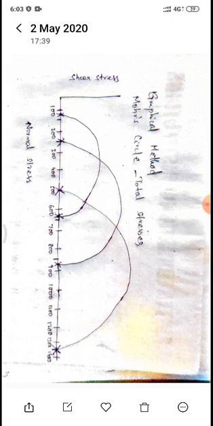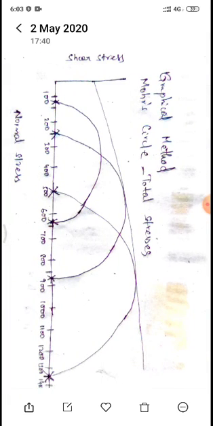Then you need to draw the tangent which connects all the three circles. Here I have drawn rough circles, so that's why I didn't get a proper line, but normally you will get a tangent line which connects all the circles.